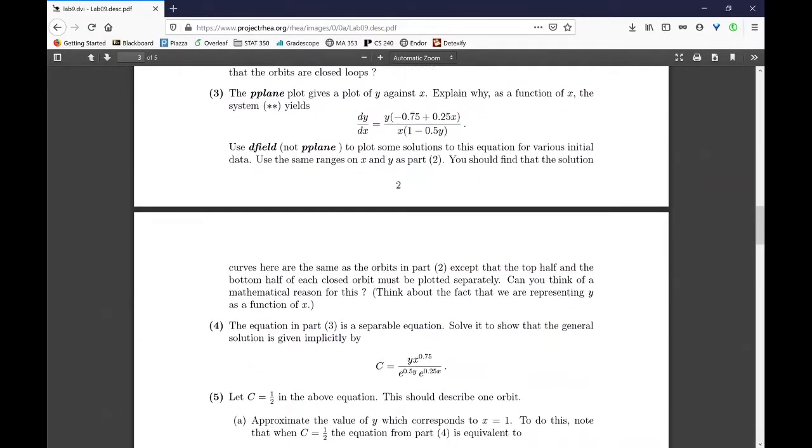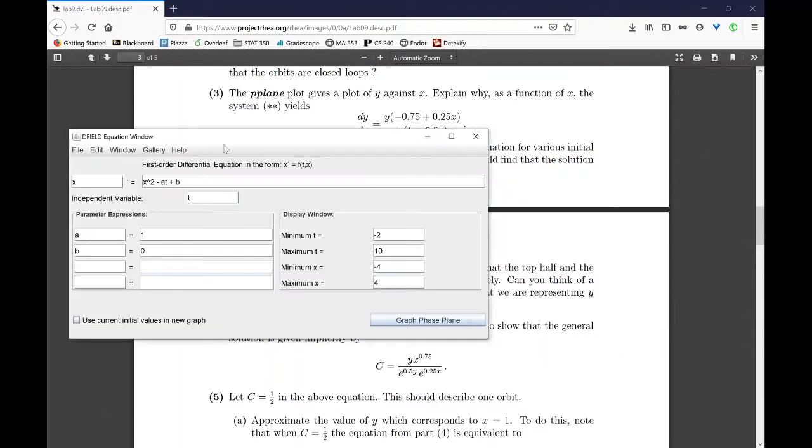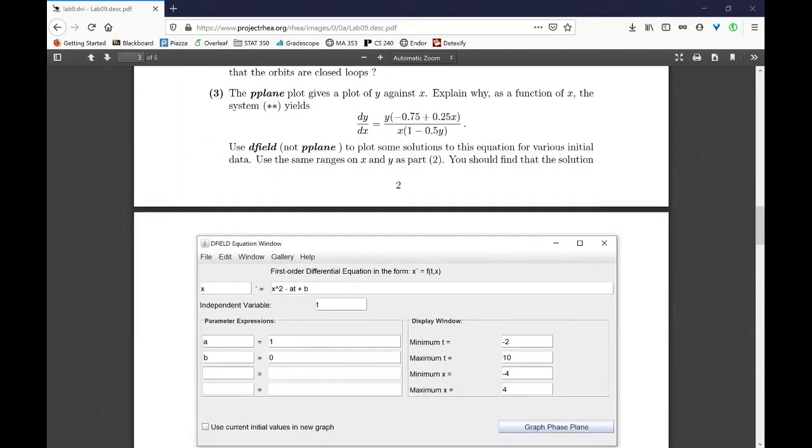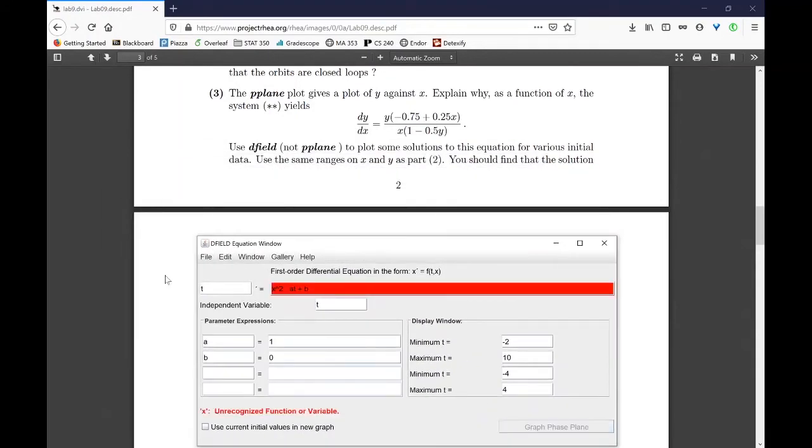So use D field to plot some solutions to this equation for various initial data. Use the same ranges on x and y as part 2. So again, we can just put this in. We have y prime here with independent variable x.